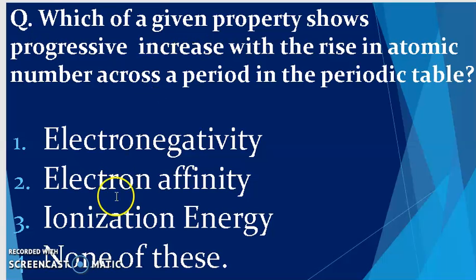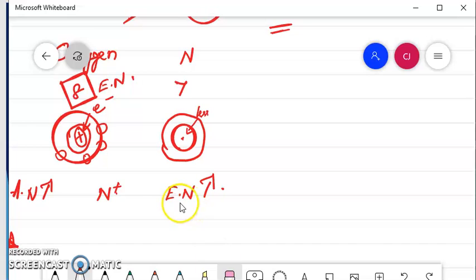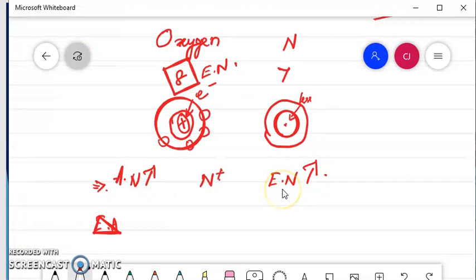See here, this is the oxygen atom. In the nucleus there are protons and neutrons. Oxygen has atomic number 8, and electrons are filled in the first shell and second shell.